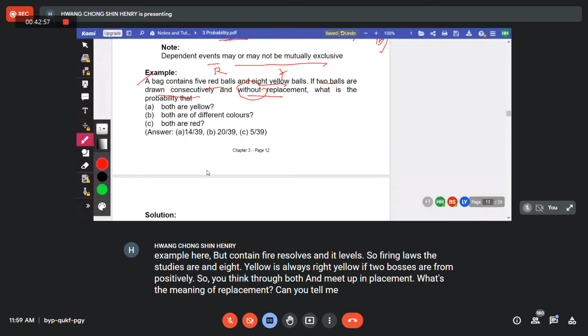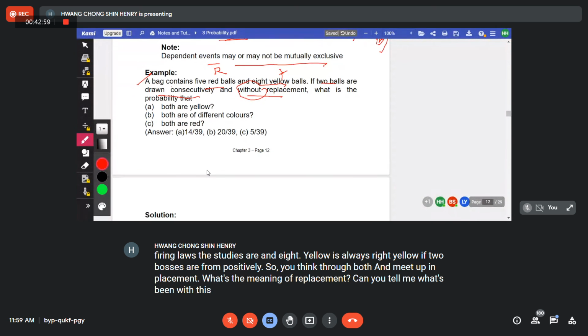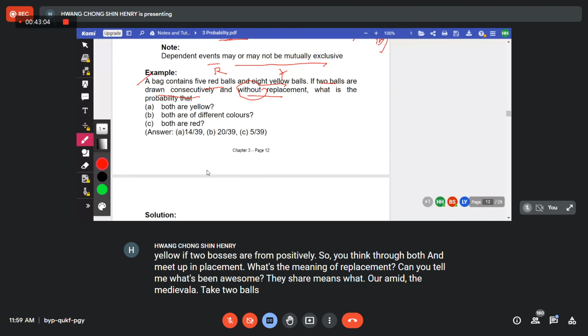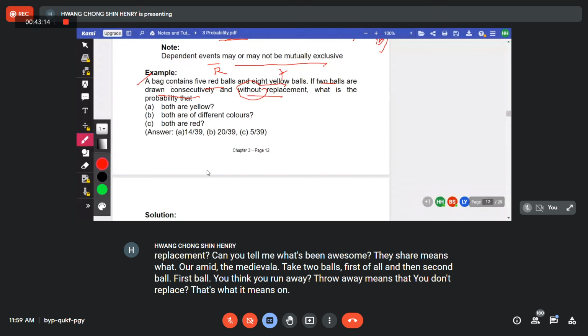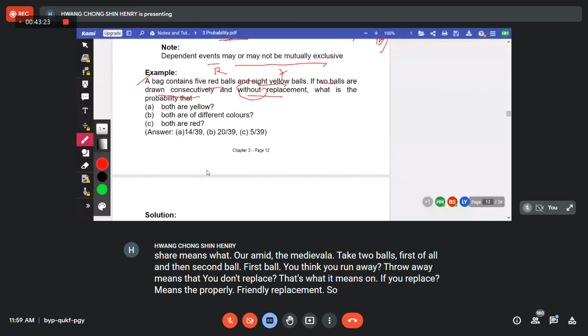Without replacement means, you take 2 balls, first ball and then second ball. The first ball you take, you throw away, means you don't replace. If you replace, it means you put it back.